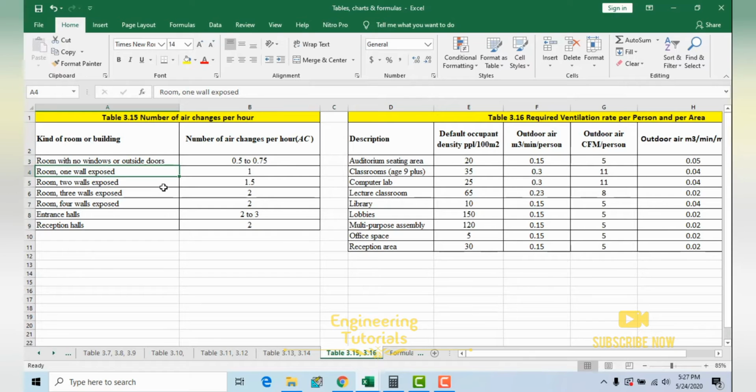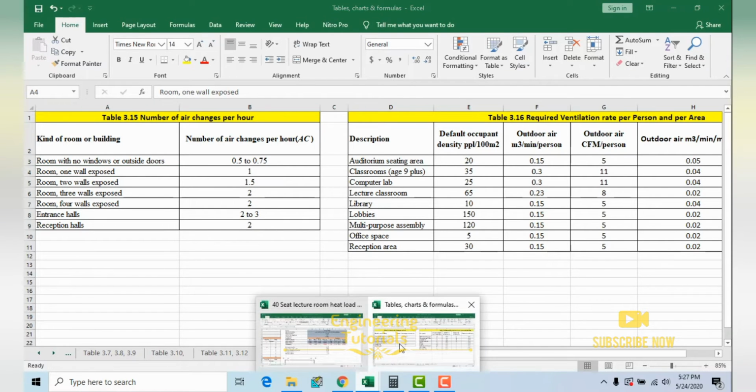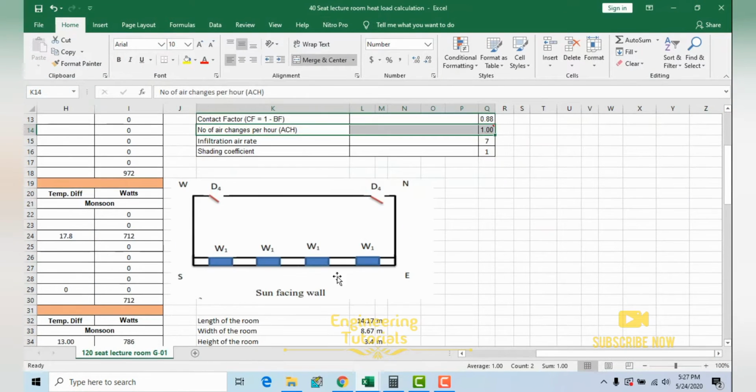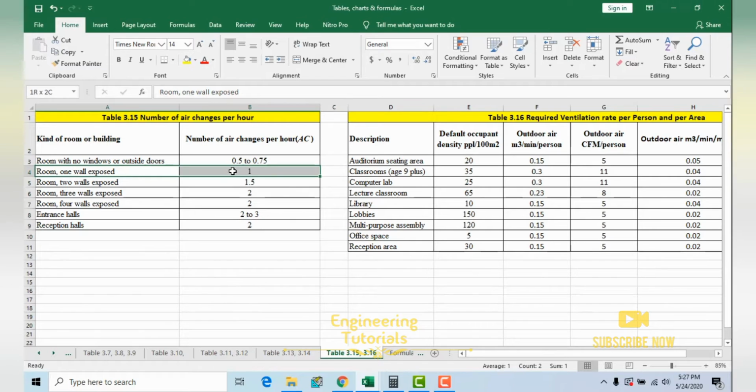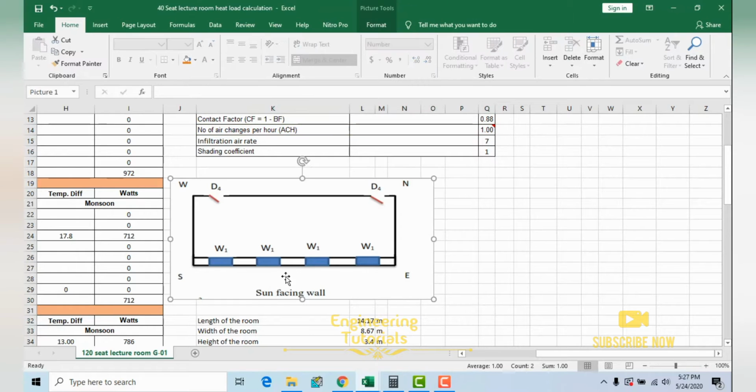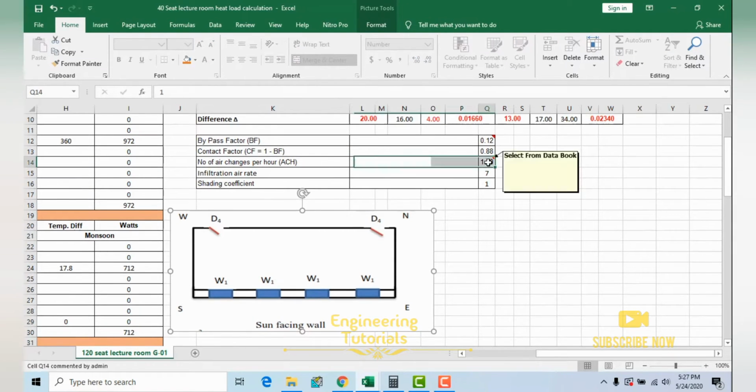For a room with one wall exposed, since we have only one wall exposed to the sunlight, we are going to use a number of air changes per hour of 1. In the ASHRAE book you can find a lot of building spaces with air changes per hour. So we are going to use 1 here, since we have one sun-facing wall, that is southeast. That's why we have used 1 air change per hour.